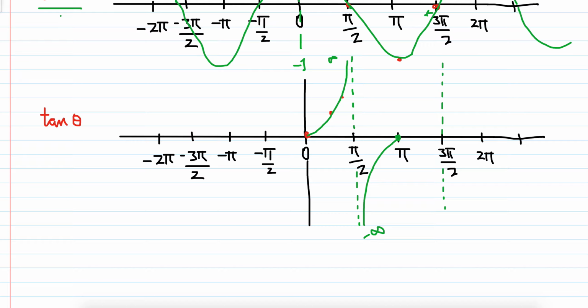So now we will plot the values. So sine 0 is 0. We are plotting for sine theta, and this axis denotes theta. So sine of 0 is 0. Sine of pi by 2 is 1.